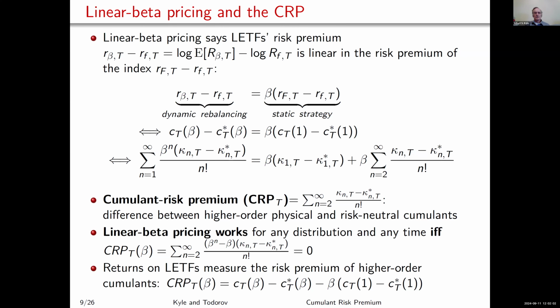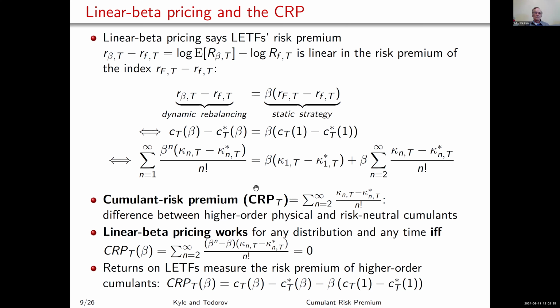So there's a difference here of beta to the n minus beta. It's obvious if n equals 1, which means we're talking about the mean, essentially the first cumulant, they're going to cancel because 1 to the n is equal to 1. But for the higher order cumulants, it doesn't necessarily have to cancel.